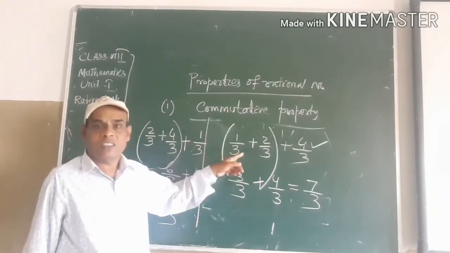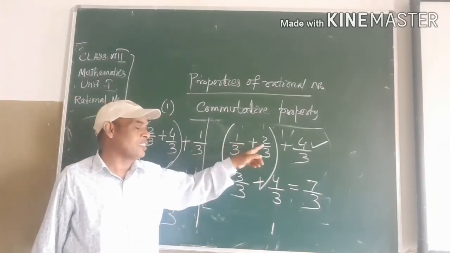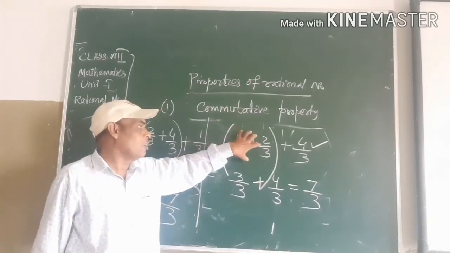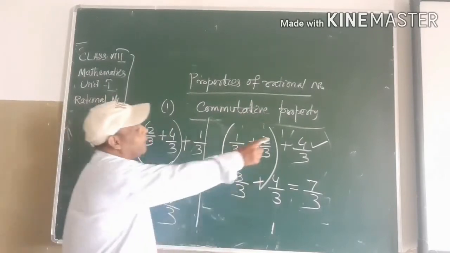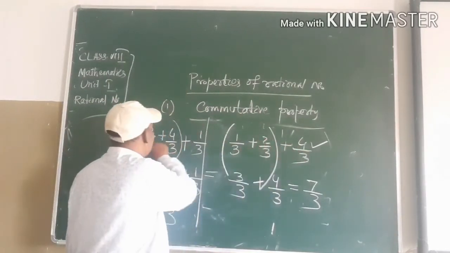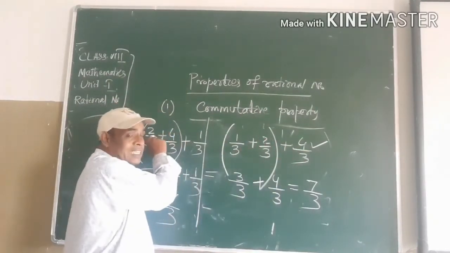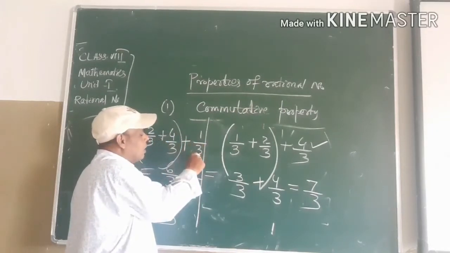In the first case, the first rational number is added to the second number, and that result is added to the third number. But in the second case, 4 by 3 is added with 2 by 3, and whatever result we get will be added to 1 by 3.